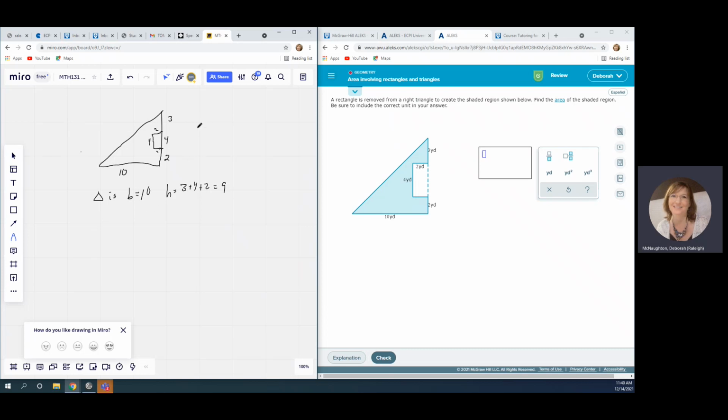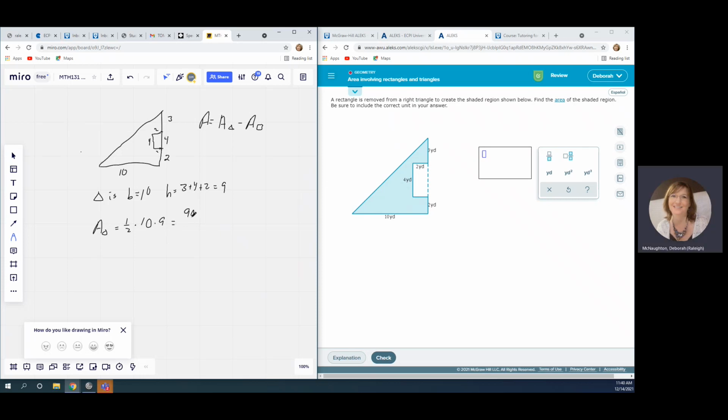So now I can find my area: my area of my triangle minus my area of my rectangle. And my area of my triangle is 1/2 times 10 times 9. So that's how we get this whole side. We have to add those pieces all, oops, 4, yeah, it was 4. I added the wrong thing.